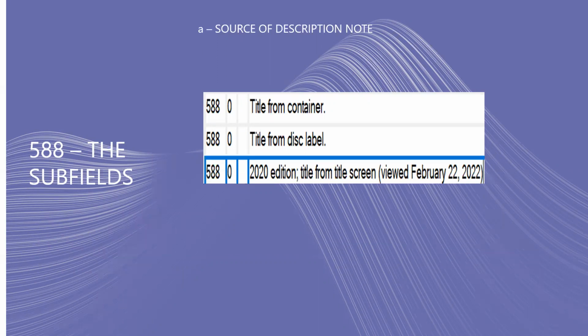And you can see some examples here, like if the DVD, you take the title from the container, 588 0, subfield A, title from container, or from the disc label, if you get that for CD, DVD, or a vinyl album, 588 0, where it was found. And lastly is the example for how it should look if you're doing an online resource with the viewed date in parentheses behind where you found the information.